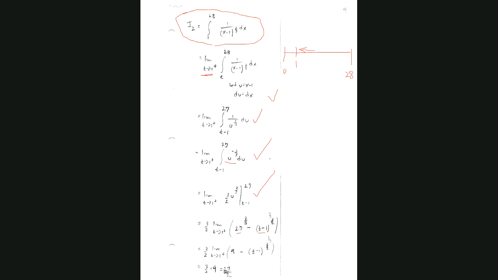You notice I'm carrying the limit all the way, the limit as t approaches 1 from the right. And what we're going to get here is 27/2 is the answer.